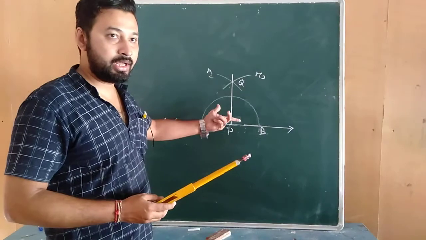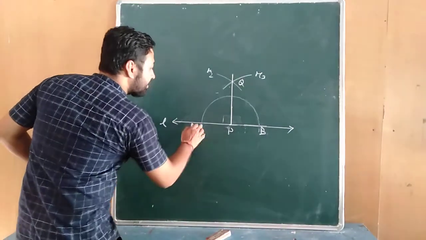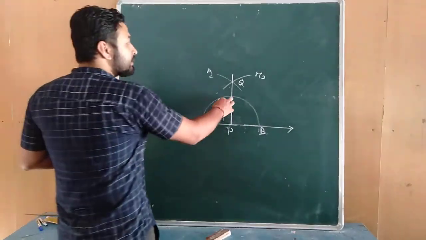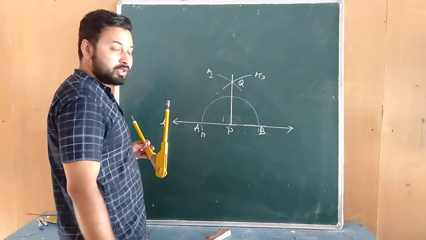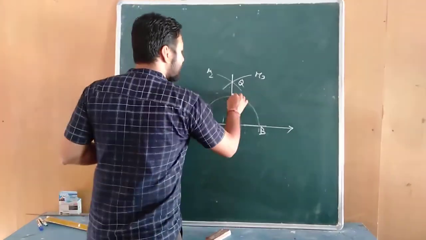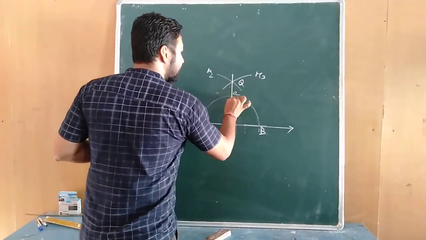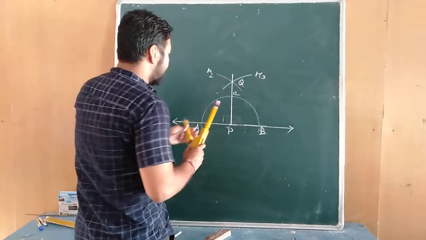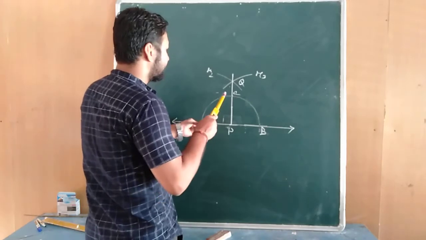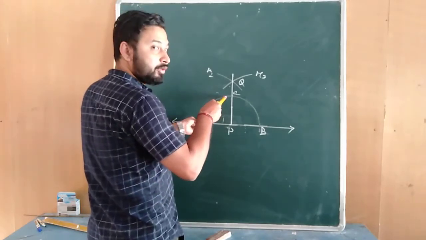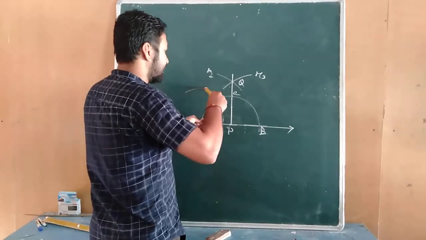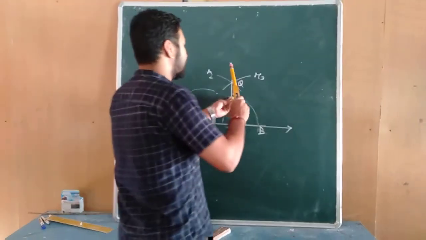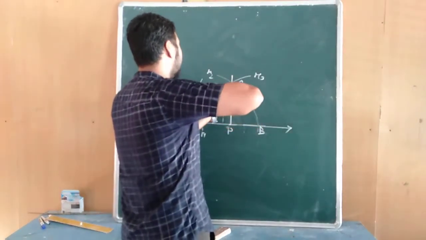So the name of one point is A. The name of this point is not marked, so we can name it C. Got? Taking A as center and radius more than half of AC, we draw one arc here. With the same radius, taking C as center, another arc here.